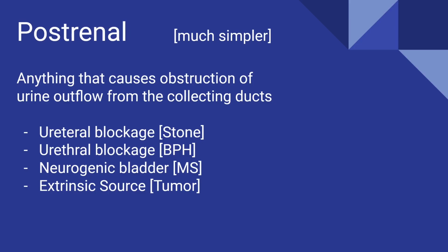So any kind of ureter blockage, like a stone, any kind of urethral blockage, like BPH or prostate cancer, a neurogenic bladder could cause backup, like in the case of MS or multiple sclerosis, or any kind of tumor that's causing retention of urine and eventual blockage of these collecting ducts.